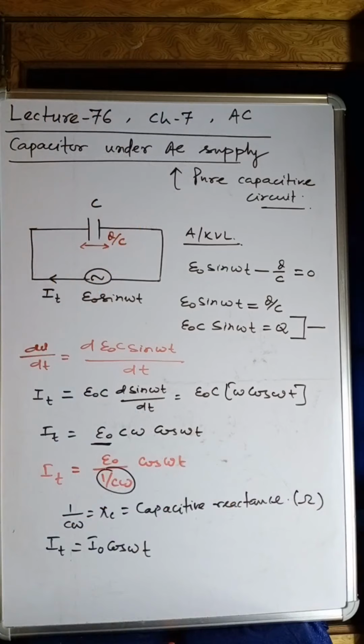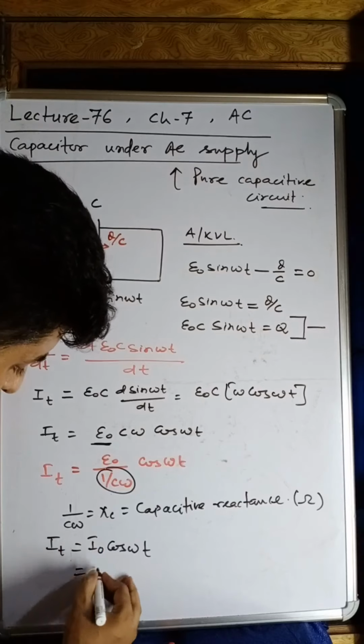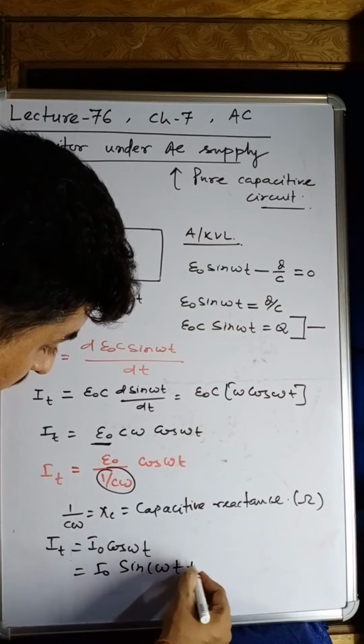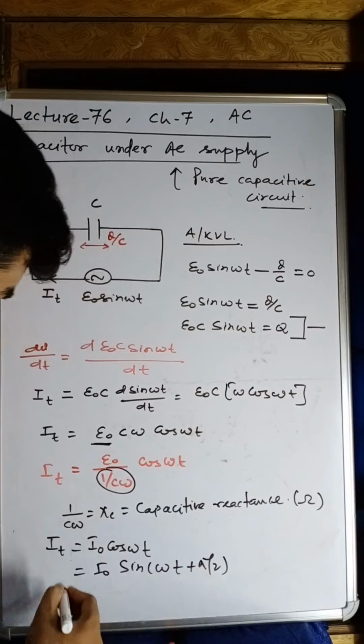It is ohm. To compare the phase of current and voltage, we need to convert to sine form, and we can convert it. What can we write, my dear students? We can write I naught sine omega t plus pi by 2.